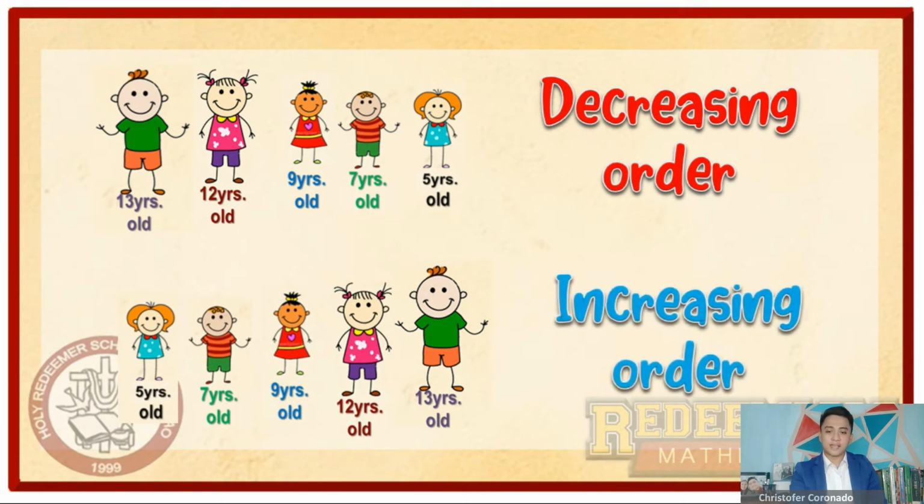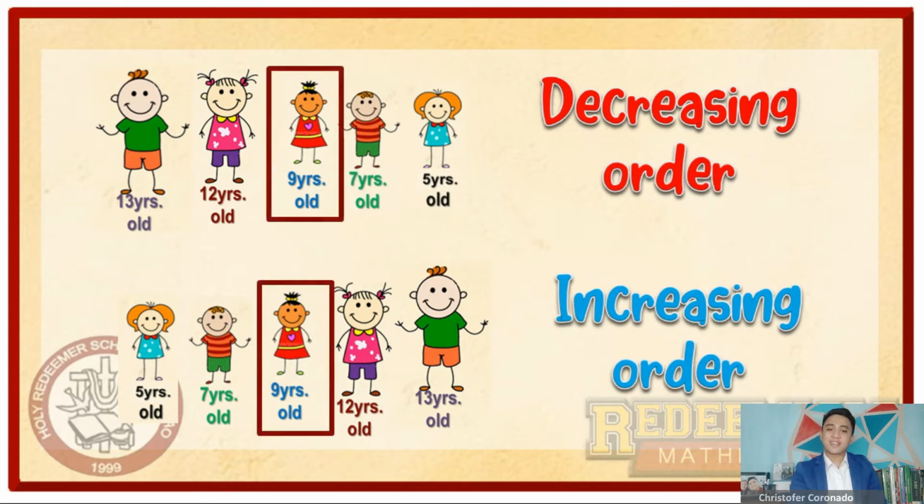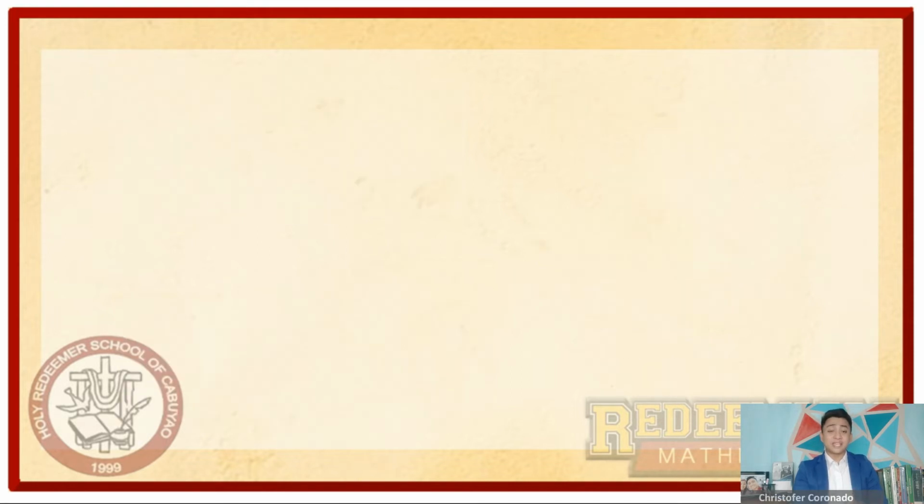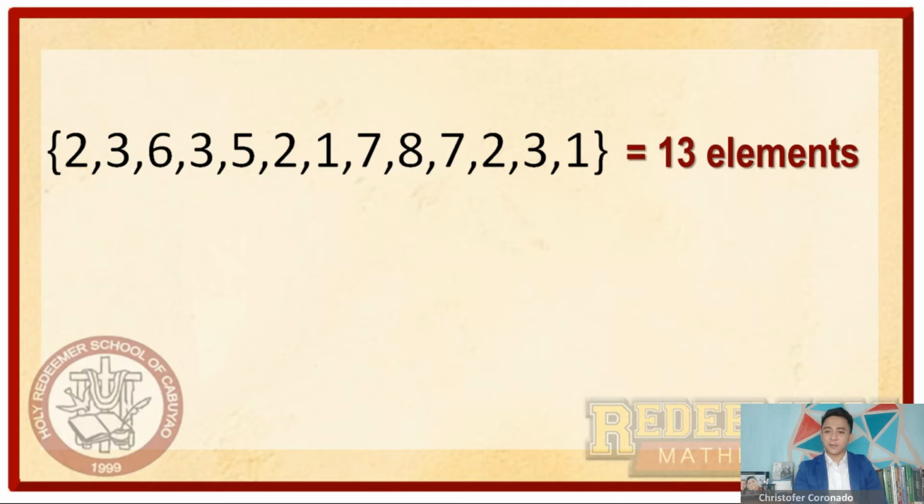Next, select the middle number, that is 9. In this case, the middle child is 9 years old. 9 also represents the median in a data set. As you can see, given a limited sample of data, the median of an ungrouped distribution can easily be identified. But in cases where a lot of numbers are given, then we can use a formula.